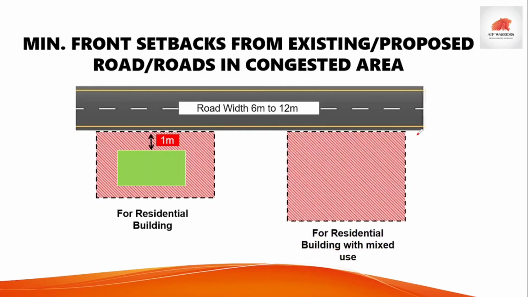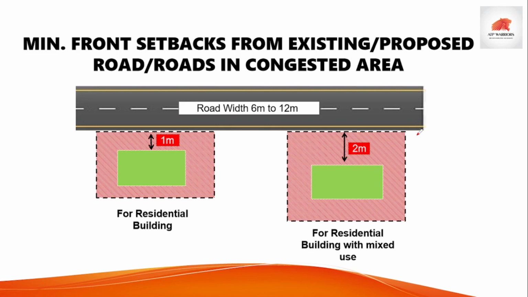And for the residential building with mixed use, the front marginal distance is 2 meters from the boundary of your plot, again not from the center of the street. Why I am repeating these points again and again is because you need to remember these different points, because questions are asked on these points only.